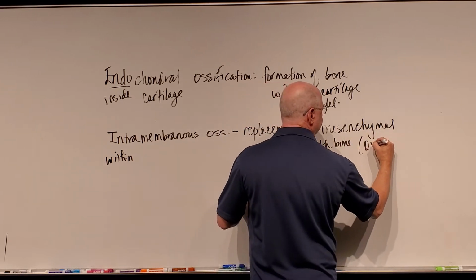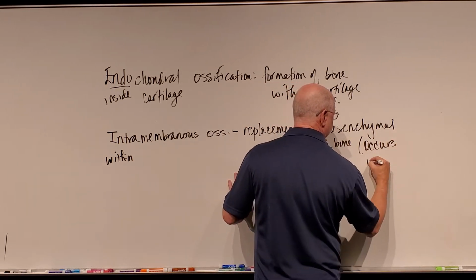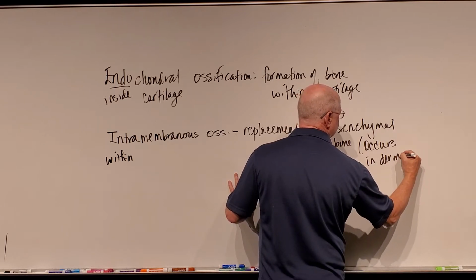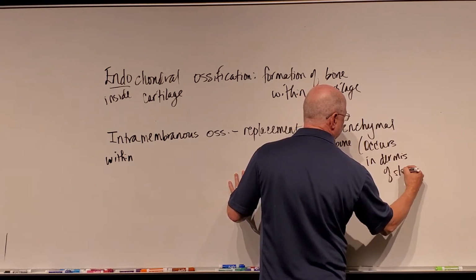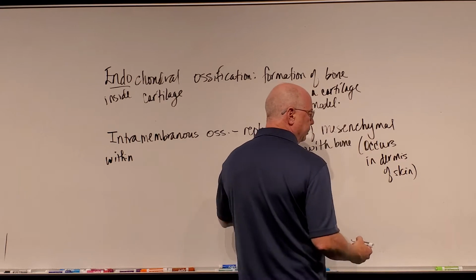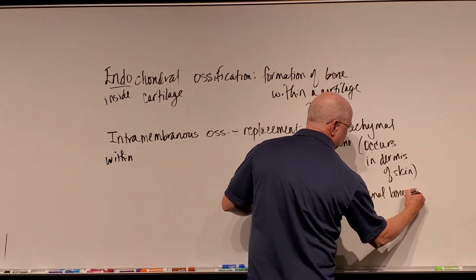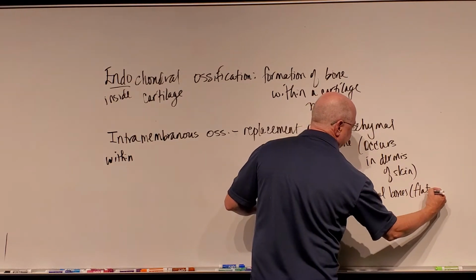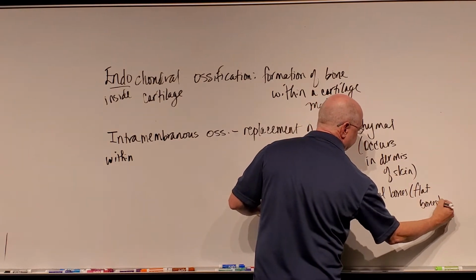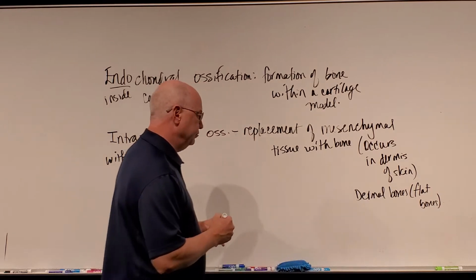I'm going to put in parentheses here, it occurs in the dermis of the skin. So the bones that form this way are called dermal bones, and dermal bones you also know as flat bones when we study the shapes of bones.